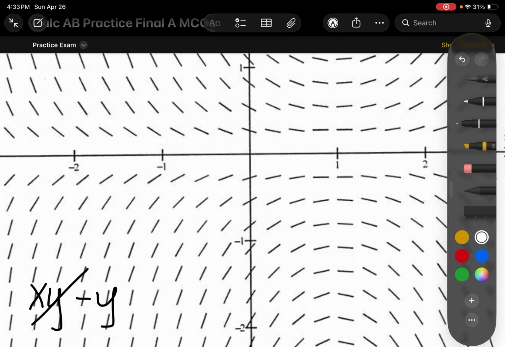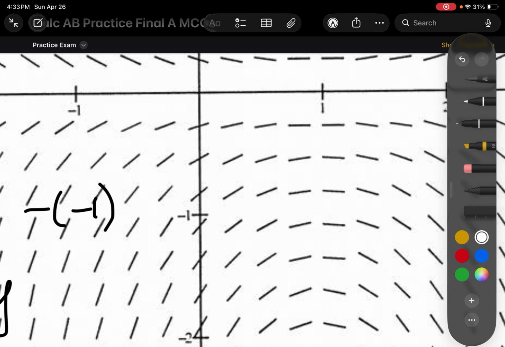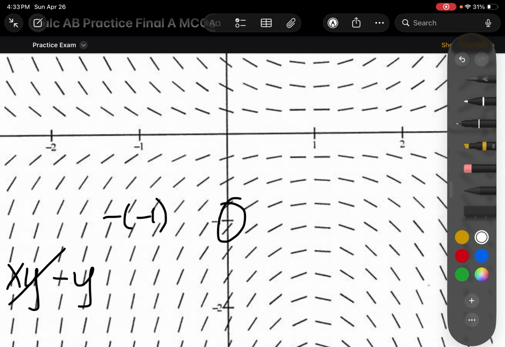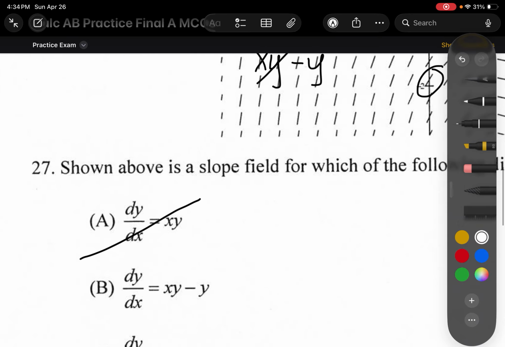We can ignore this part here, since we're at x equals 0, and we're going to look at negative y. So at -1 it gives us a positive slope, which here it does, and also at -2 it gives us another positive slope, but it's more narrow. So it does match the criteria of option B.